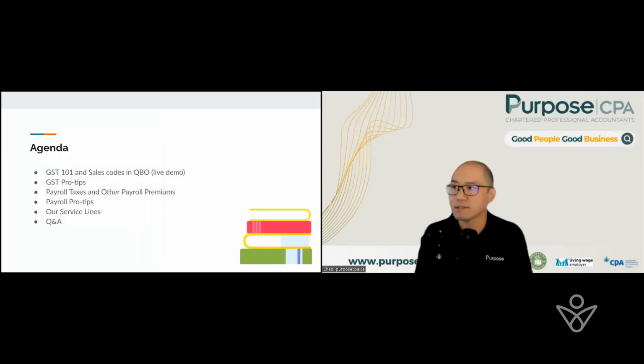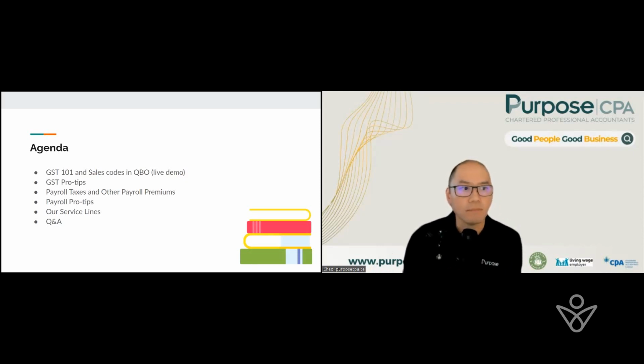Right, let's jump into it. Quick agenda for today. We're going to be talking about GST, sales tax codes, some of the tips that we have, payroll taxes, other payroll premiums, some of the base things for business owners, or better yet, for people that are thinking about starting their business or understanding what are some of the major taxes that go into running your business.